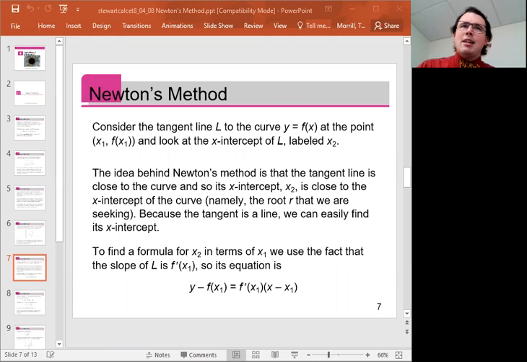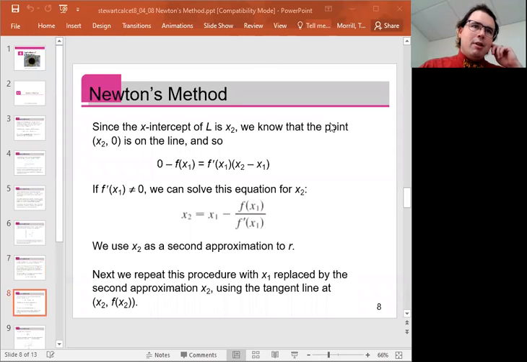Every linear function is just a polynomial of degree 1, right? y equals mx plus b. So I should be looking for the x-intercept. Well, simple enough. That means that my y is going to be 0.